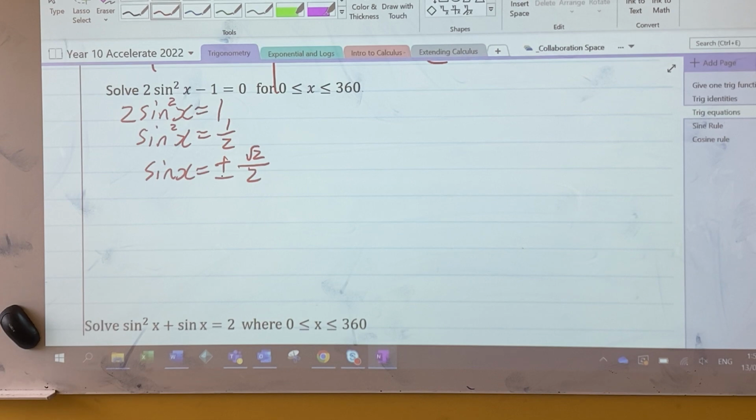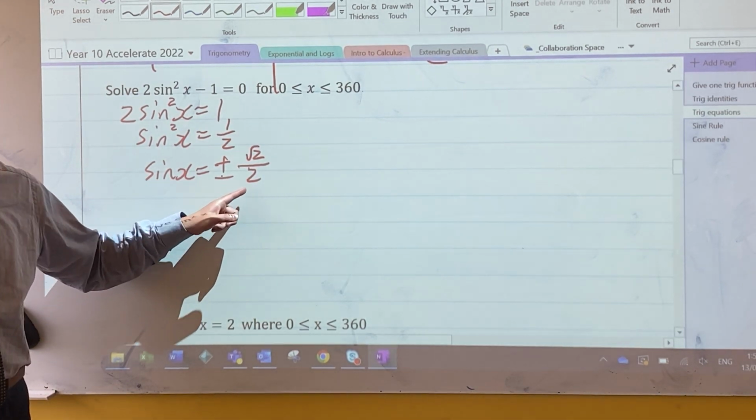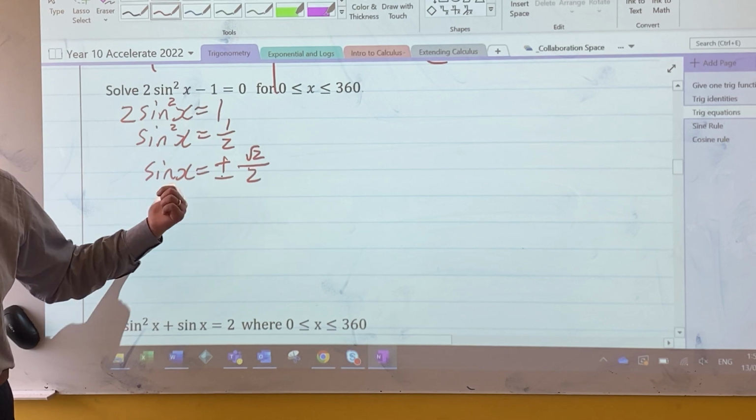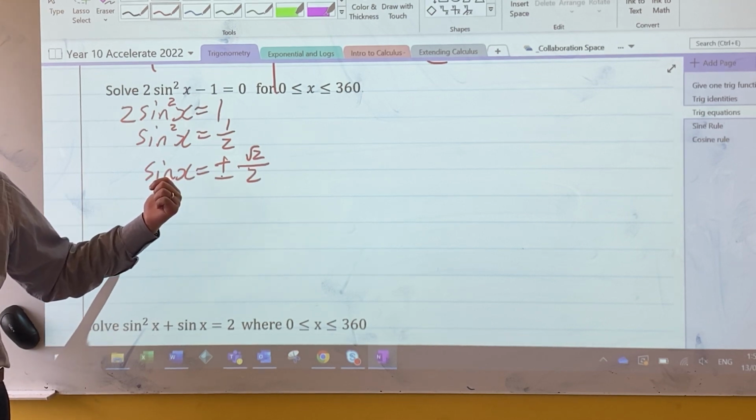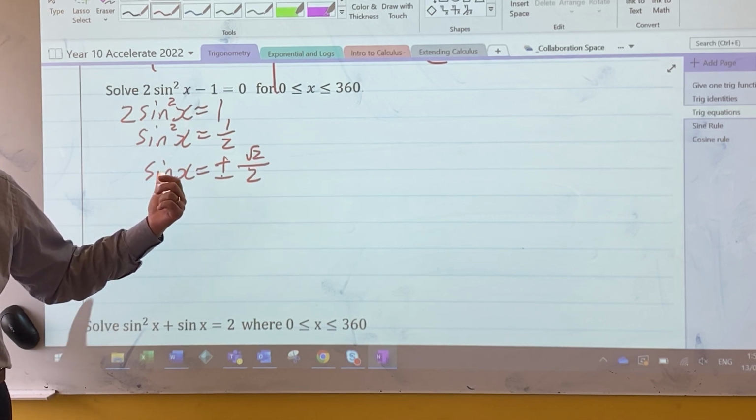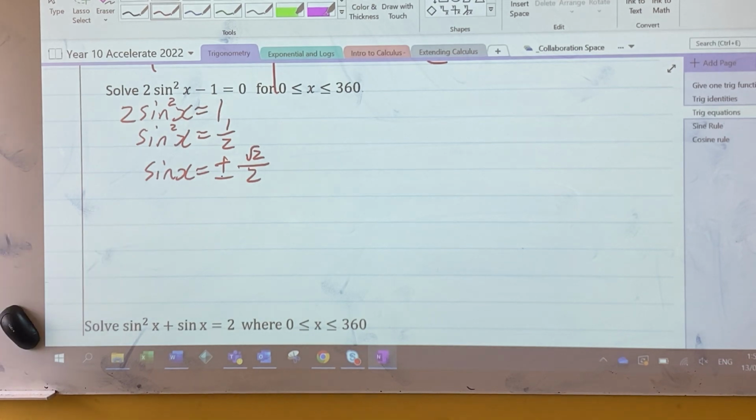Now from that, we should hopefully recognize sine what is root 2 on 2. 45 degrees. Yes. Okay, those special angles, you need to remember by now. So x is 45 degrees.